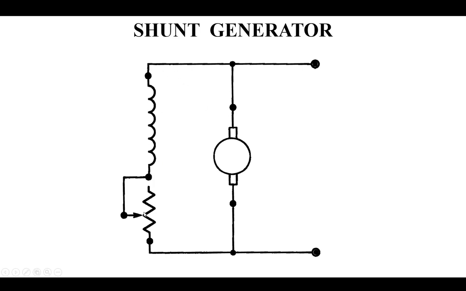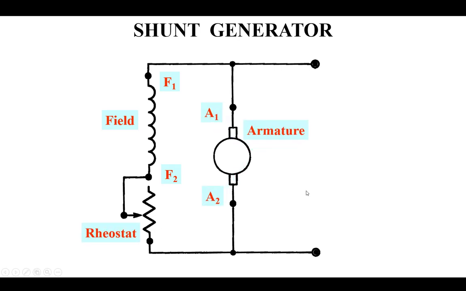So we can control the output here the same way we did with a separately excited generator. It's just that this is self-excited. This shows how typically these leads are labeled in a schematic and in a terminal box.